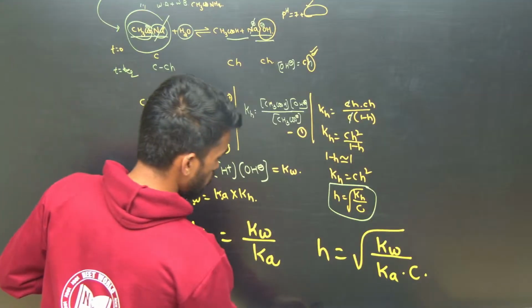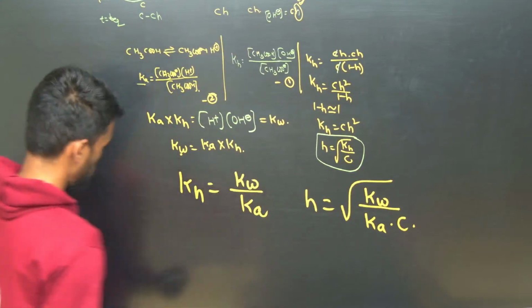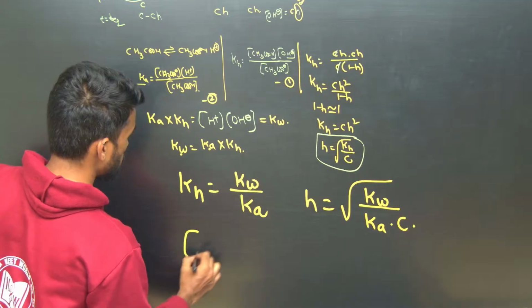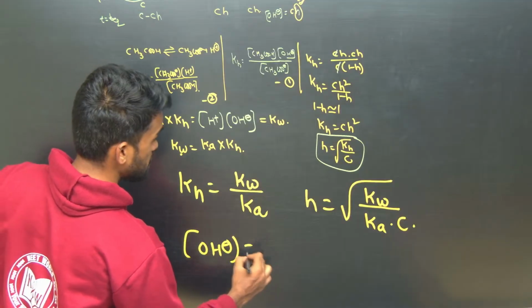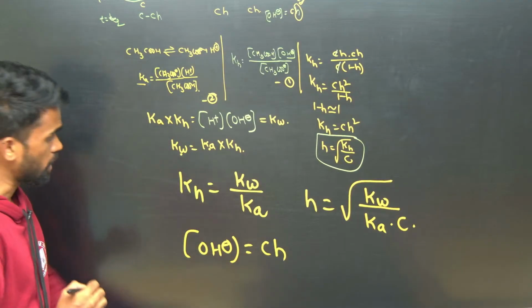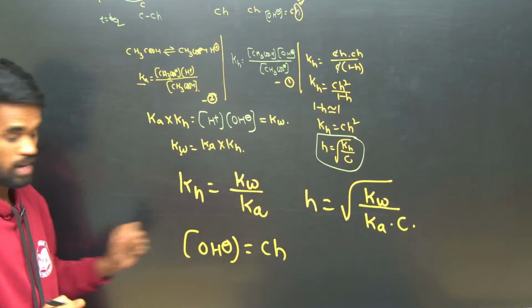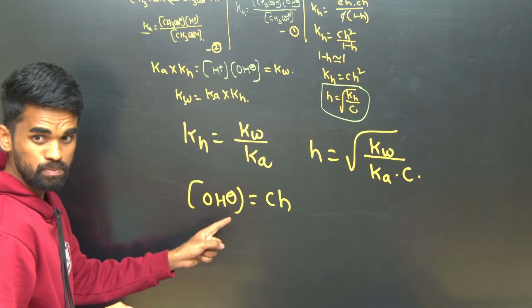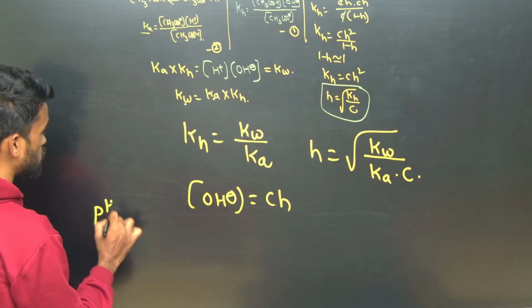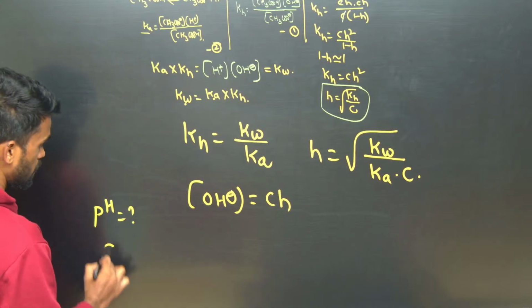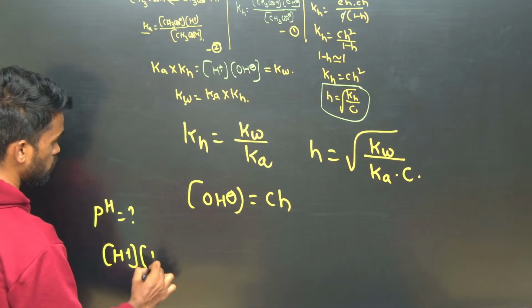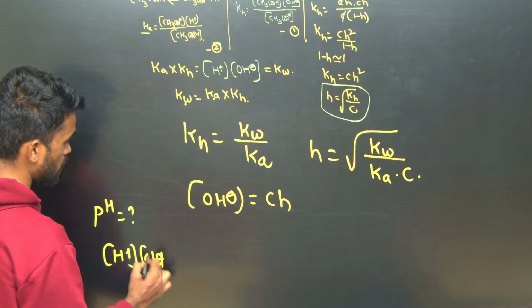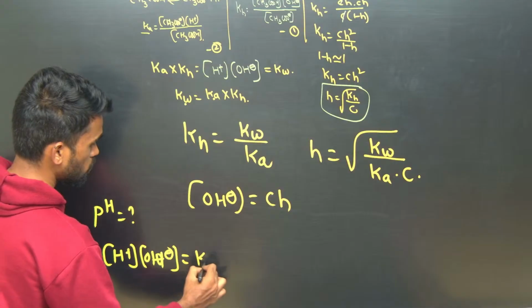Okay. So now what we got? Here OH minus ion is equal to CH. Okay. Directly you can put the value here, or see one more thing we have. This is OH minus. See, if I want pH, what will you do? H plus ion into OH minus ion equals Kw.